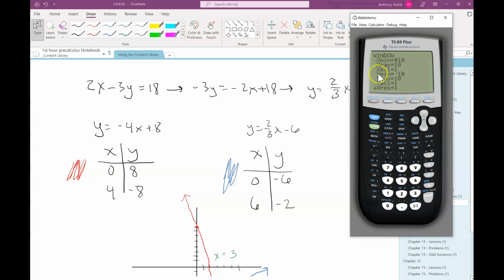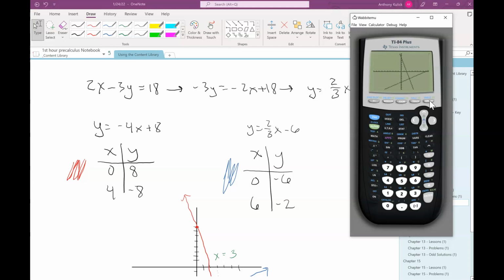I'm going to double check my window to make sure it's reasonable. This seems reasonable, especially since I know what the graph already looks like. For most of the problems, that -10 to +10 standard window would be okay. So I'll hit graph.